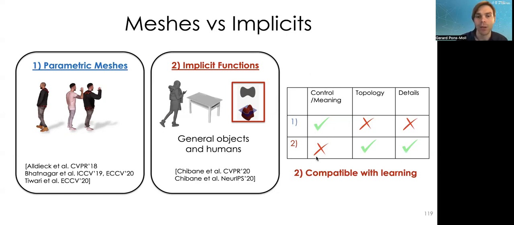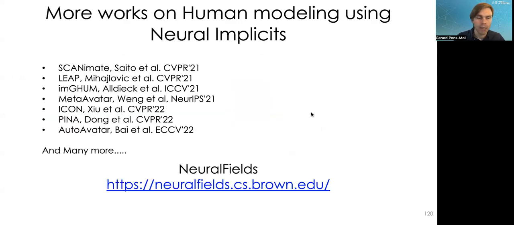But you can see that these models already allow some degree of control, and this is basically improving over time. There are a lot of papers, and this is only going until 2022. I think more recently there are probably even more papers coming. So you're encouraged, if you're interested in this topic, to check these other papers as well.